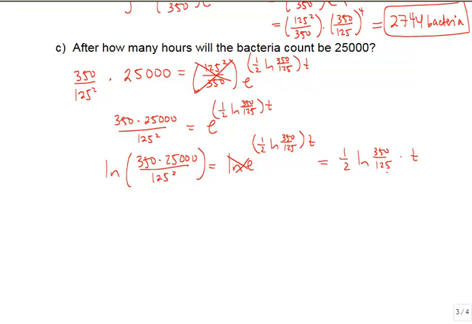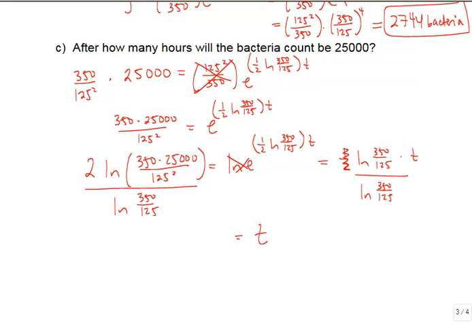And to solve for this t, I'm going to want to undo this coefficient out front. Well, to undo the 1/2 means to multiply by 2. So I'm going to multiply by 2 to the other side to get rid of the 1/2. And then to get rid of this ln, that requires dividing. So I'm going to have to divide all of this by the ln of 350 over 125.